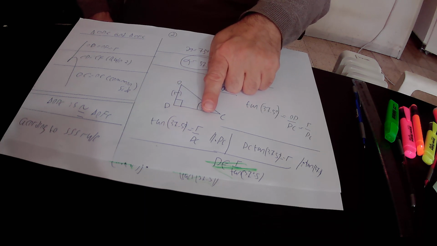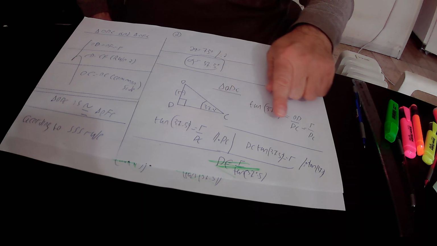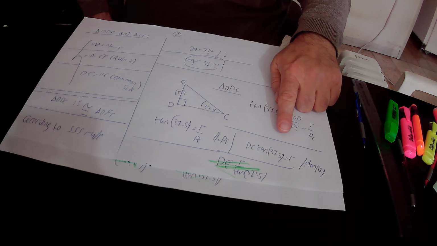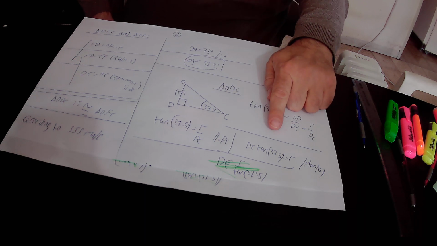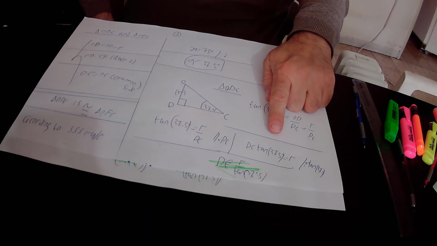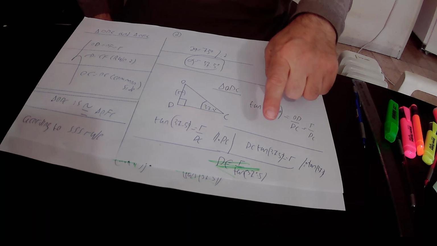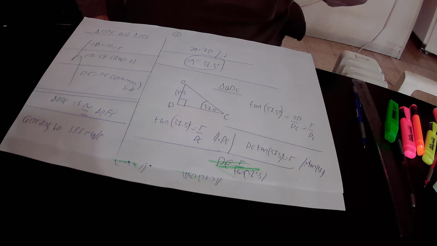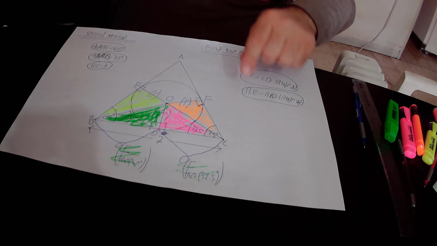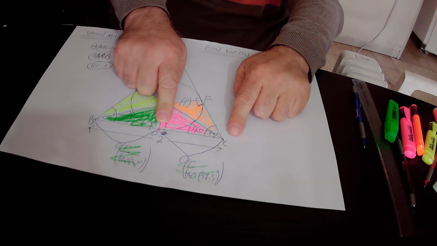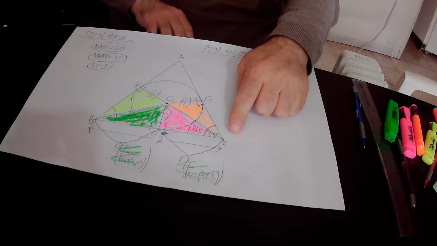We multiply this equation by DC and find that R equals DC times tan 37.5 degrees. Then we divide this equation by tan 37.5 degrees and find that DC equals R over tan 37.5 degrees.